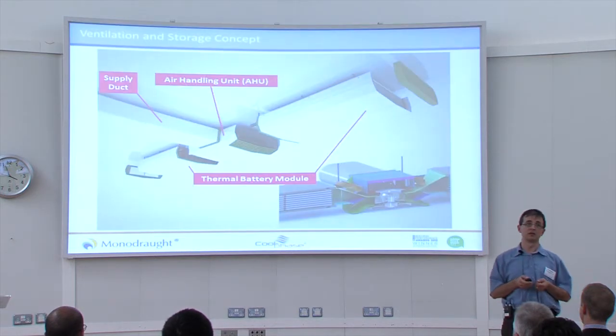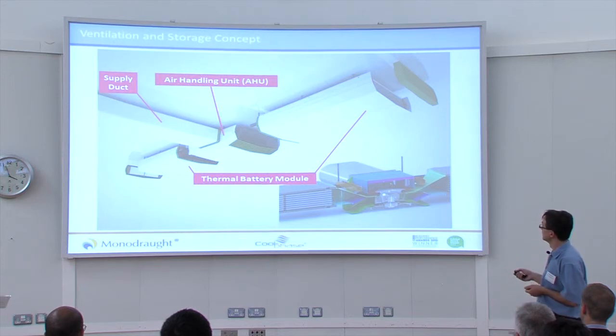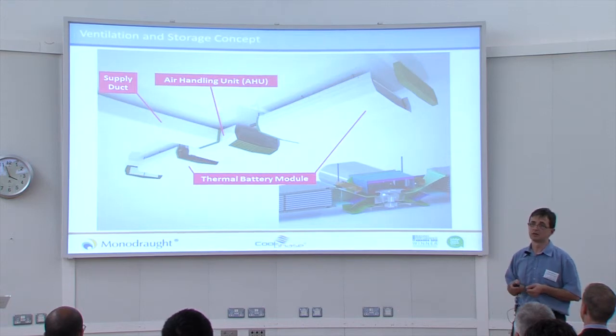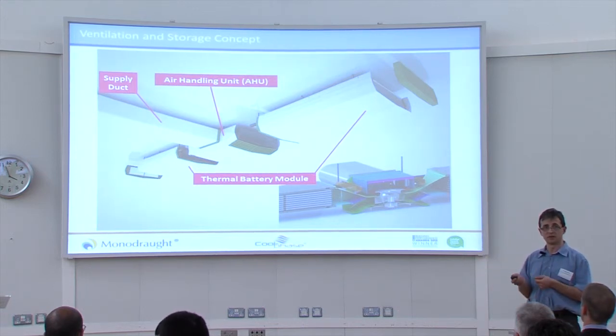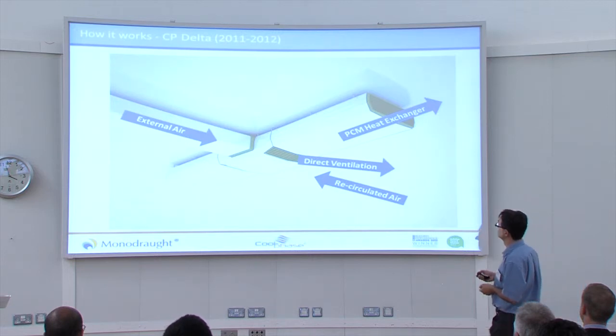For this we don't need too much, just an efficient air handling unit and a storage. In this case I would call this a thermal battery, and we would need to be able to bypass the thermal battery or to deliver the ventilation air directly to the space. So this is what you can see here.